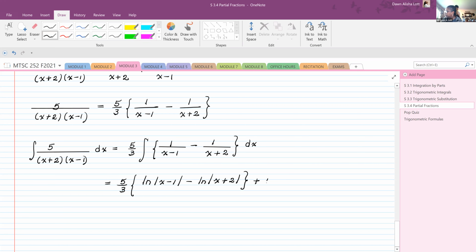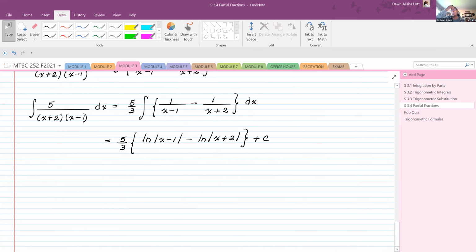plus a constant. And what's nice is if we remember the log of a over b is the log of a minus the log of b. So this becomes 5/3 times the natural log of the absolute value of x minus 1 divided by x plus 2 plus a constant.